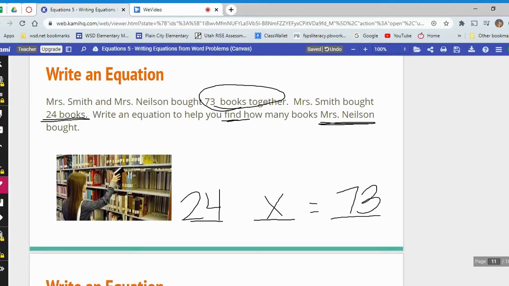Now, what would I do to Mrs. Smith's books and Mrs. Nelson's books to get their total? Well, you'd combine them, right? You'd add them together. So my equation is 24 plus X is a total of 73 books, and X is going to represent however many Mrs. Nelson bought.